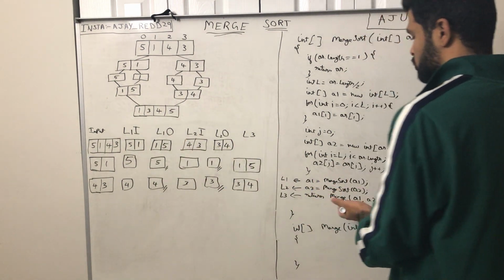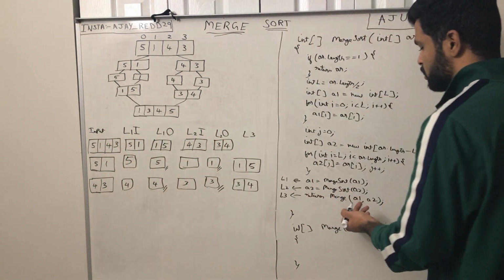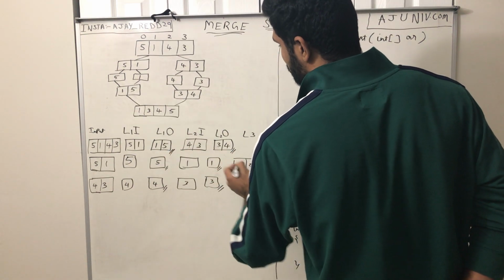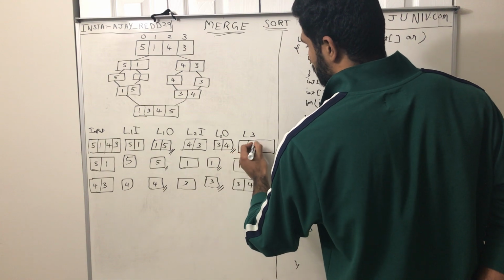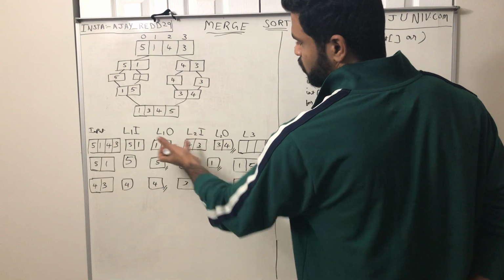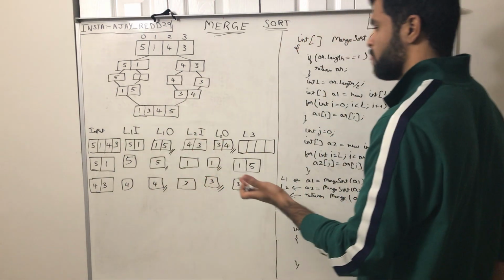And now I will come to line 3, when the input is this array, and I'll call the merge function. So this merge function will take these two subarrays and it will give me an array in sorted order. Okay, so both of these are sorted now. The L1 output and L2 output are in sorted order.